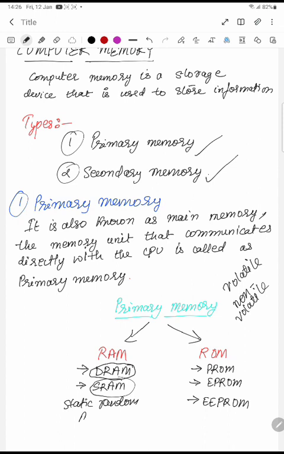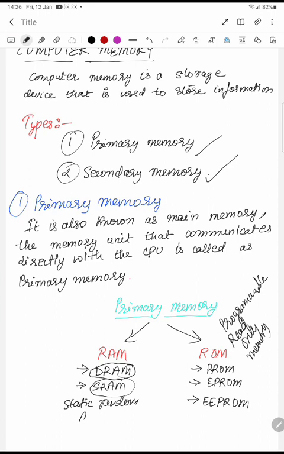So the other type of primary memory is ROM, let us describe ROM. The full form of ROM is read only memory. It has three types. First one is PROM, whose full form is programmable read only memory. Next one is EPROM.